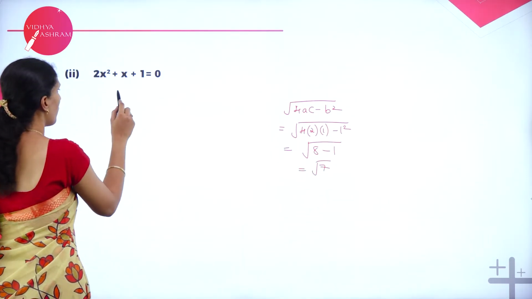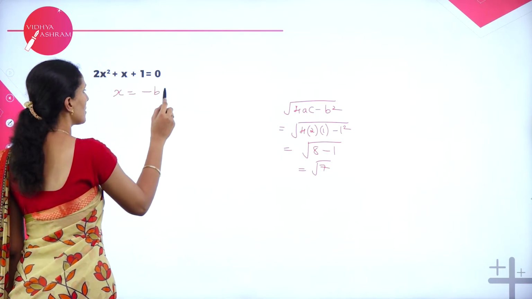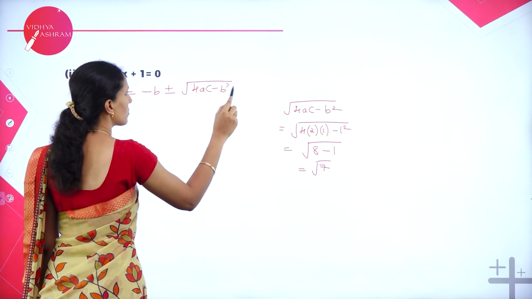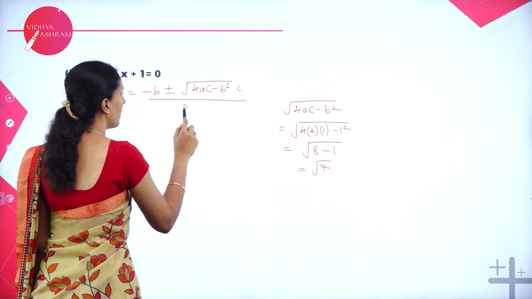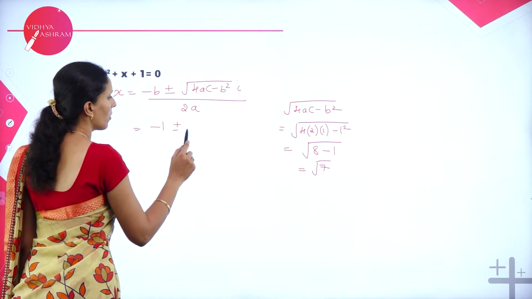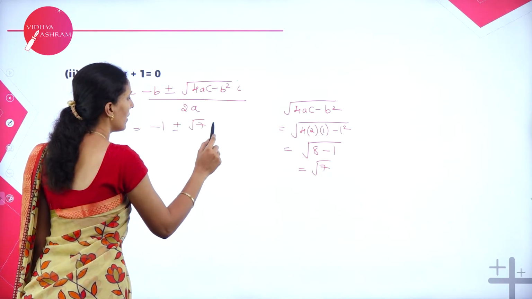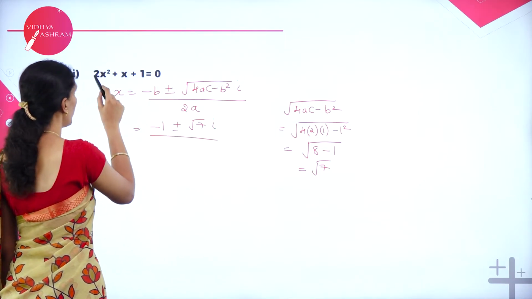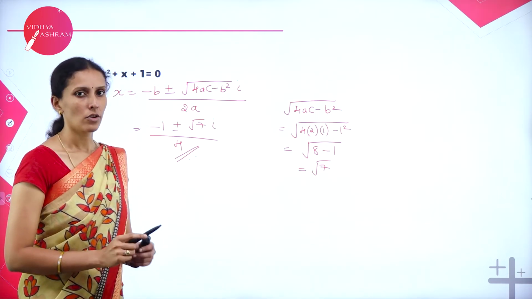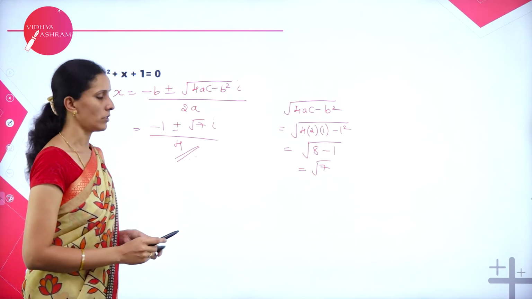Now use the formula x is equal to minus b plus or minus root of 4ac minus b square into i divided by 2a. So here minus 1 plus or minus root 7 i divided by 2 into 2, that is 4. So this is the answer. These are the roots of the quadratic equation.